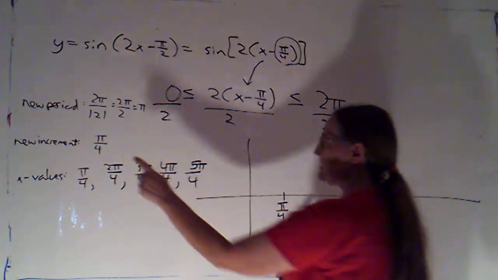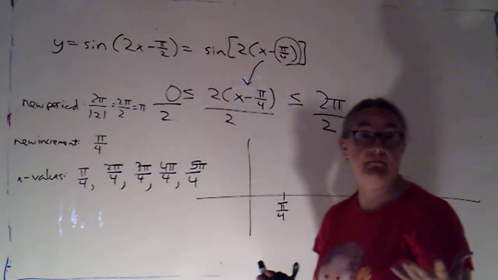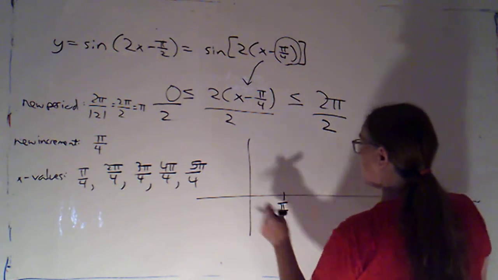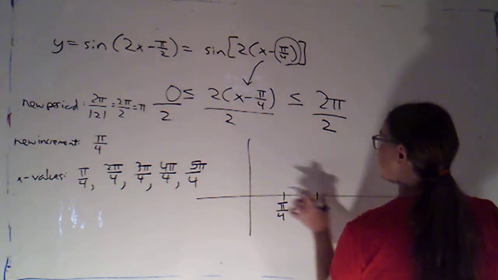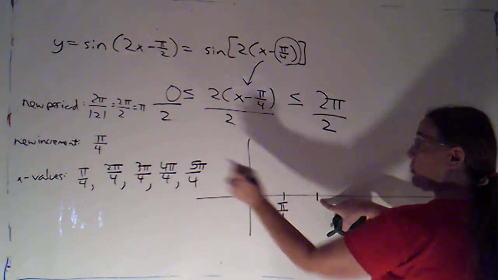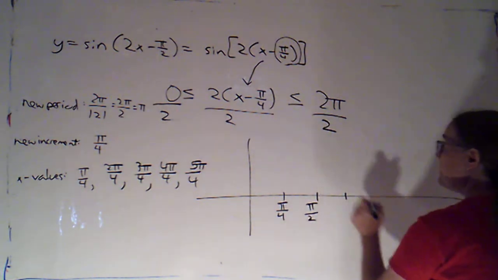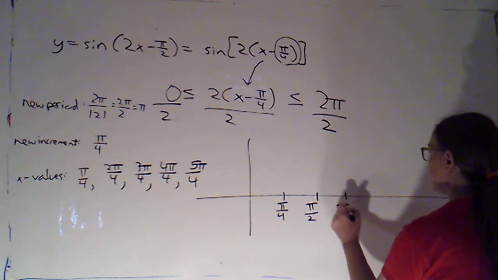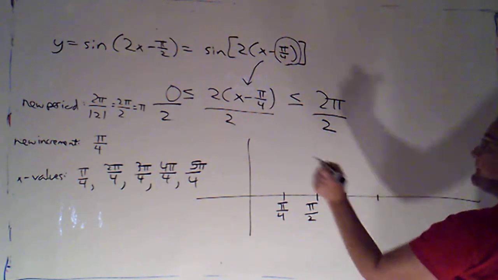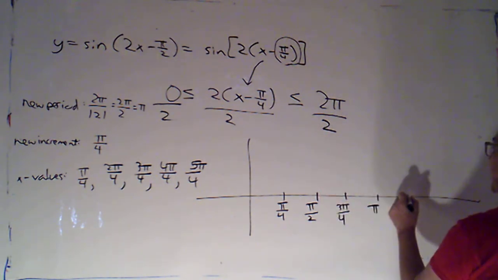So how does that relate to my increment? It happens to be my increment. So as I'm counting over, I'm going to be counting over by that same distance. So my next point, 2 pi over 4, reduces to pi over 2. My next point, 3 pi over 4, doesn't reduce. 4 pi over 4 reduces to pi. And then my ending point was 5 pi over 4.